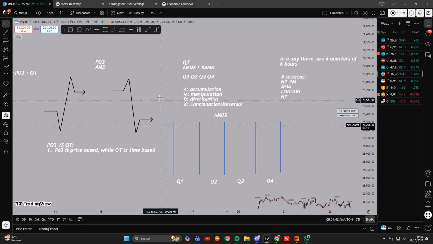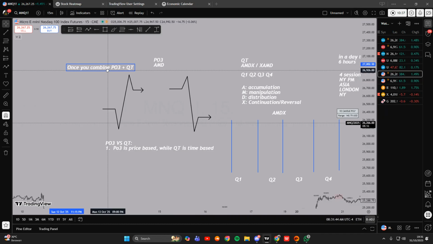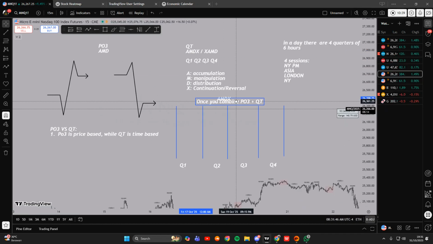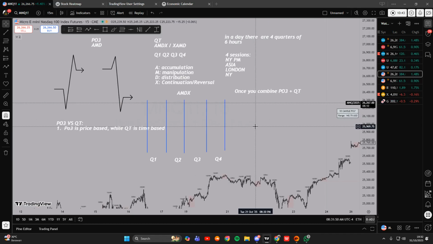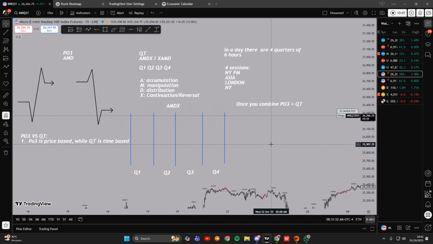Because it's time based and price based, so you will not be taking levels blindly, you know what I mean? Actually, I'm pretty much yapping. So when you combine PO3 and quarterly theory, it gives you extra confidence, not confidence, but reassurance that your level is going to get hit.